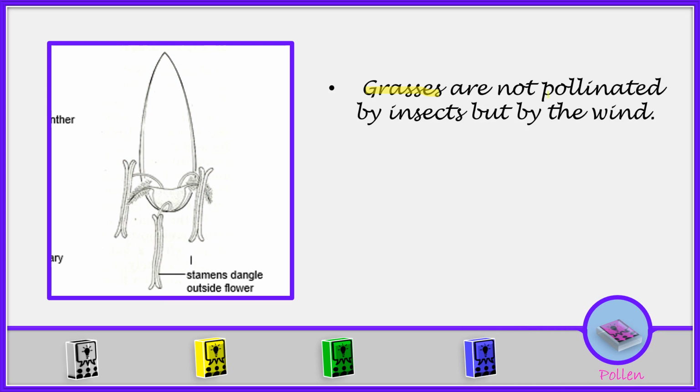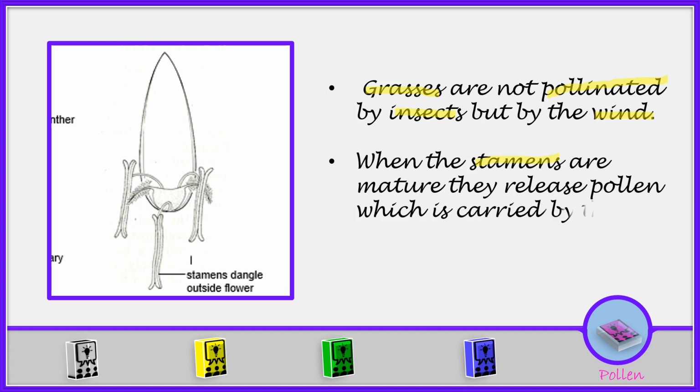Grasses are not pollinated by insects, but by wind. When the stamens are mature, they release the pollen, which is carried by the wind. We have seen that here our stamens are going to get out of the bract when they are ripe.